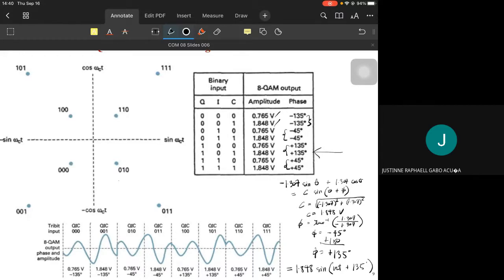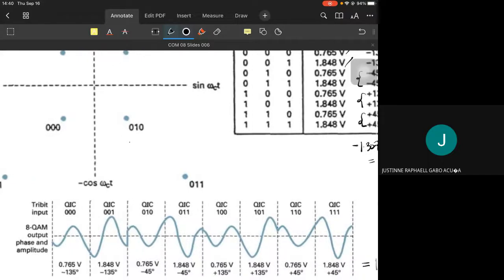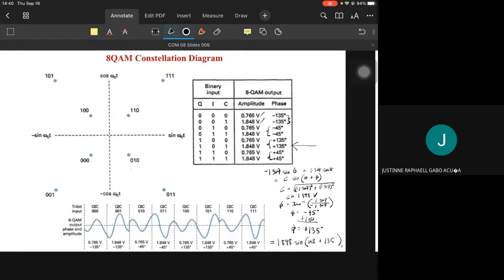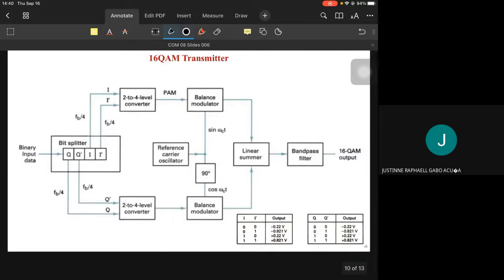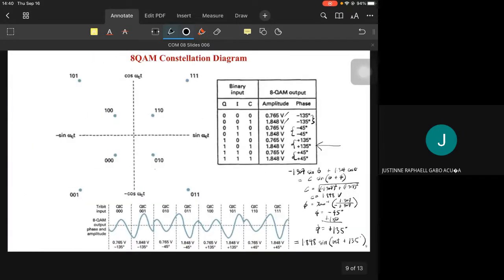So these are all the other possible outputs. So the same gyapon actually itsura sa 8 QAM nga receiver. Okay, pareha ra, no? Pareha ra ang process and essentially parehas ang form sa 8 QAM nga receiver and APSK.